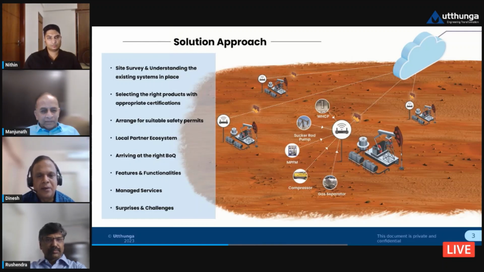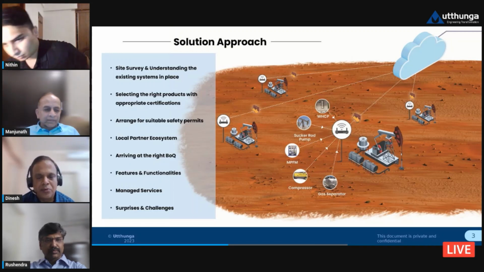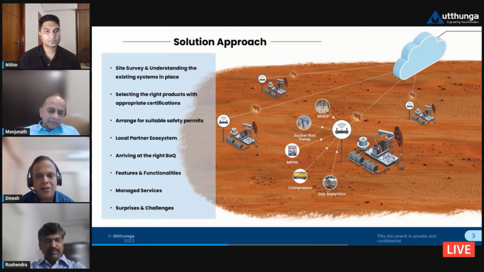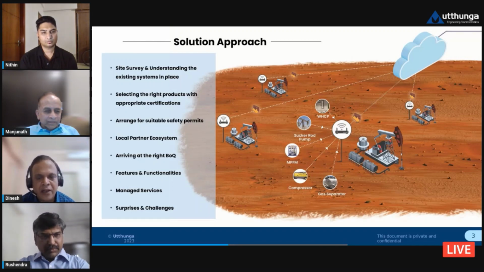Apart from just the technology, we also need the right ecosystem in terms of installing the systems or supporting the systems, and understanding how these fields operate and what type of safety measures have to be taken before we go and start putting the system in place. So all these things have to be thought about upfront and considered when we are trying to solve this problem.